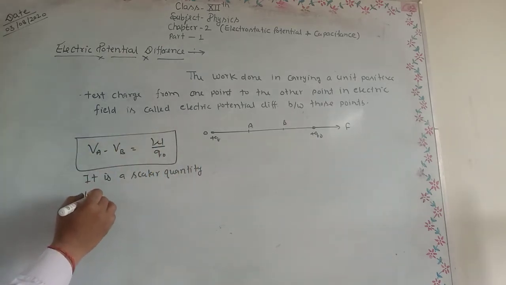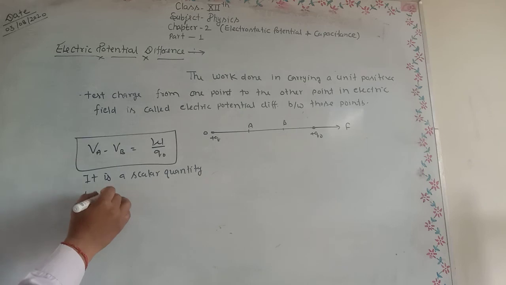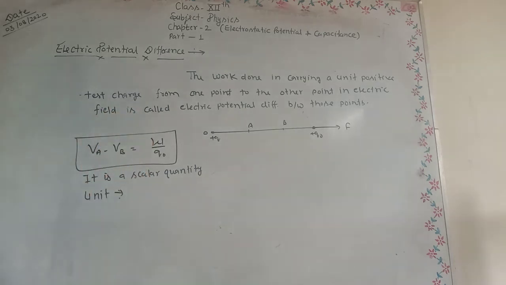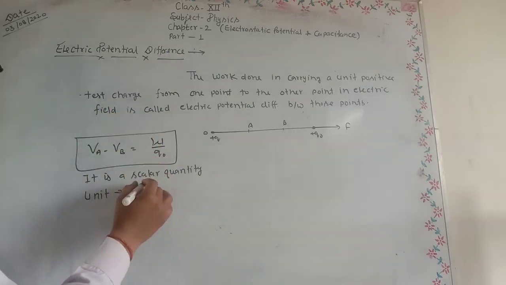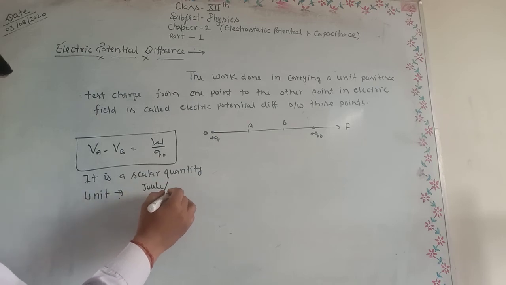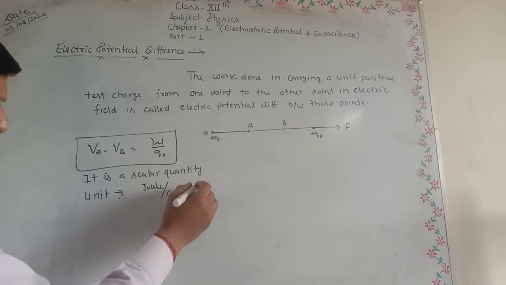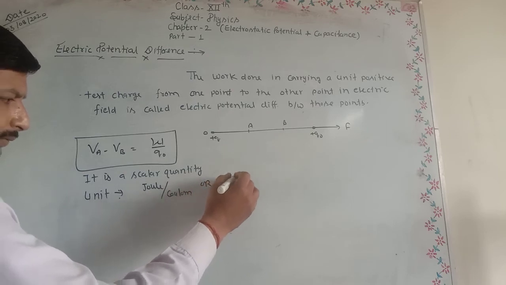The unit of electric potential difference will also be the same, joule per coulomb or volt.